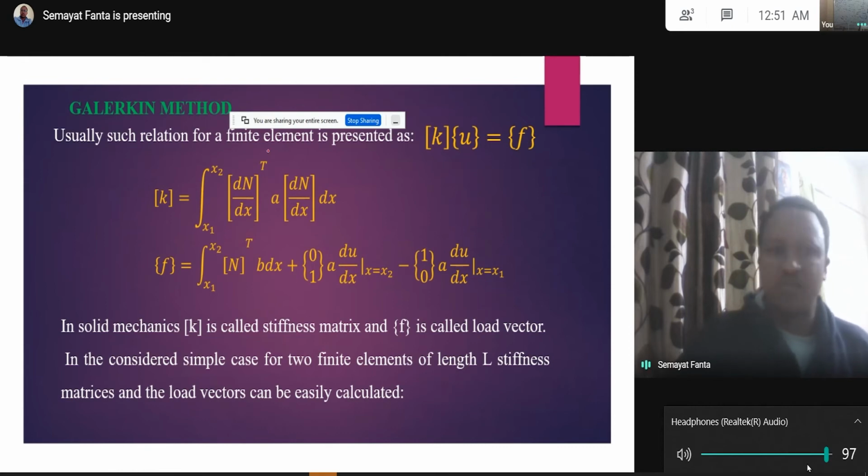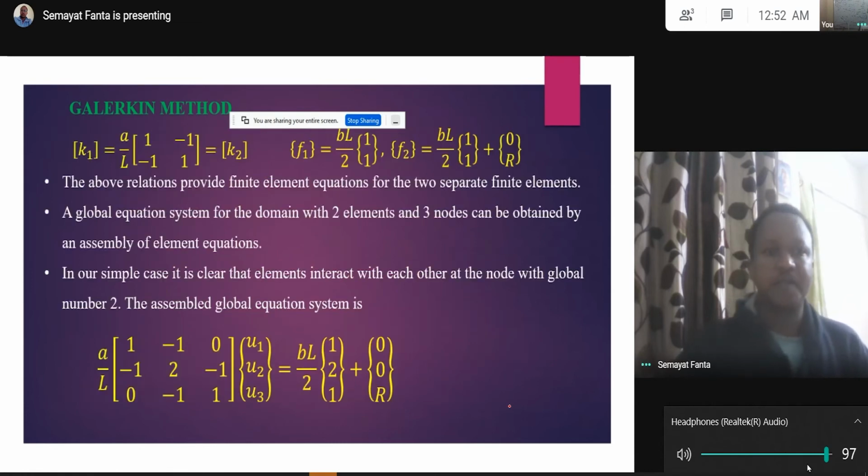This is the form. K means this portion of the first equation, and the F part consists of all these parts. K is called the stiffness matrix, and F is called the load vector. So this is the representation.